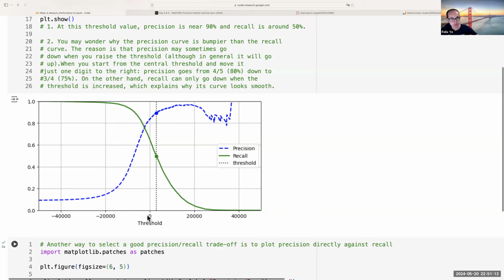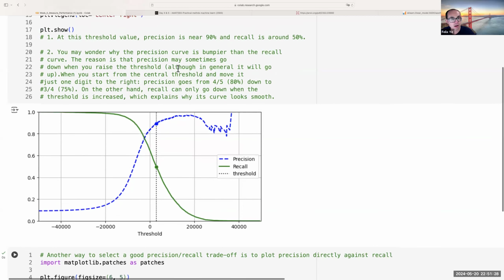You can see the threshold chosen here is 0 by default. So you are getting about 83% precision and 60-something percent recall, and over here we are getting 90%, something like this. You can see the precision changes from about 10% up to almost 100%.